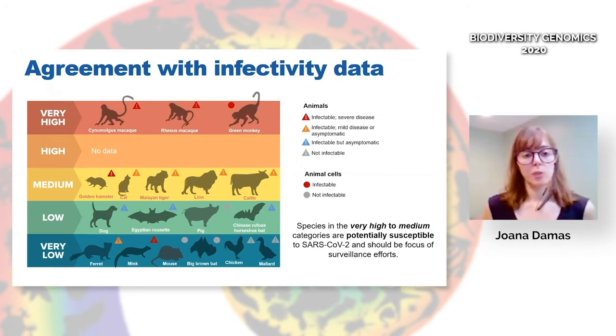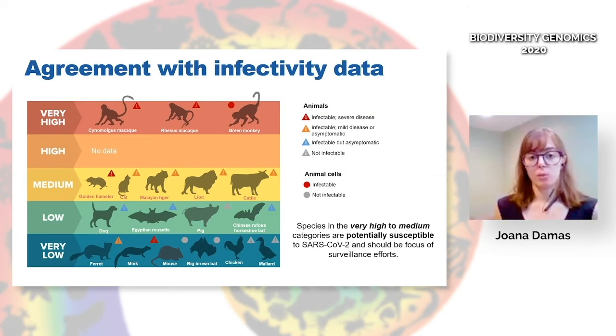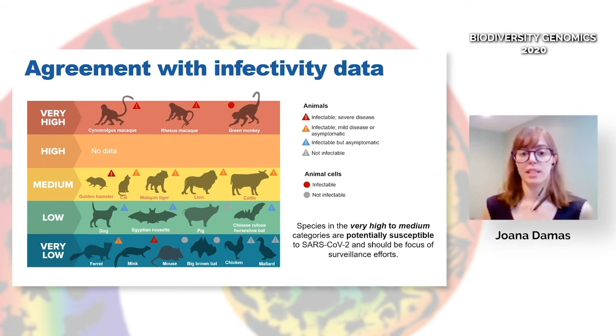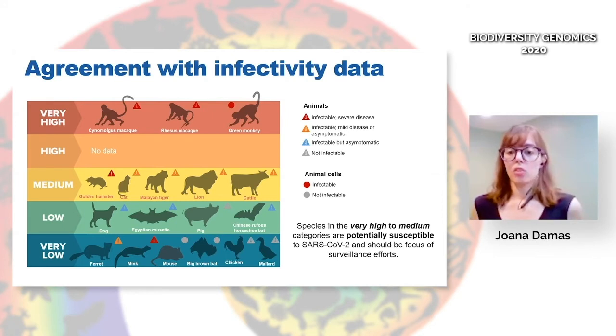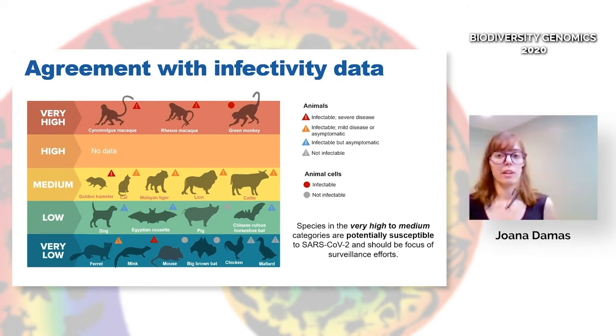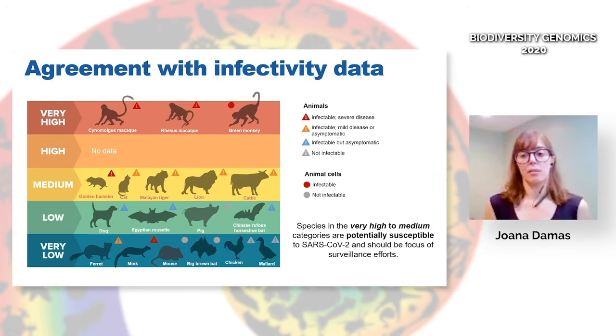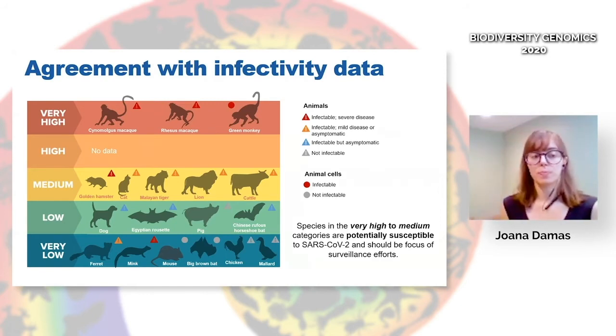Also, all the species in the medium category are infectable. The only inconsistencies we had were the ferret and the mink, and we are currently investigating why this inconsistency is happening. So from our results, together with the infectivity data, we predict that the species we classify in the very high and medium groups are potentially susceptible to SARS-CoV-2. So we advise that they should be the focus of surveillance efforts.